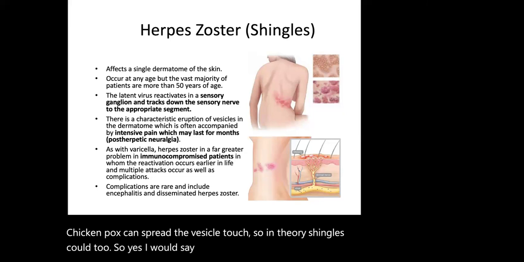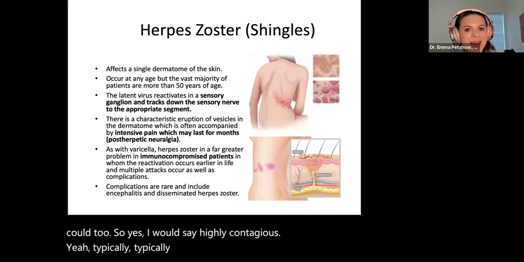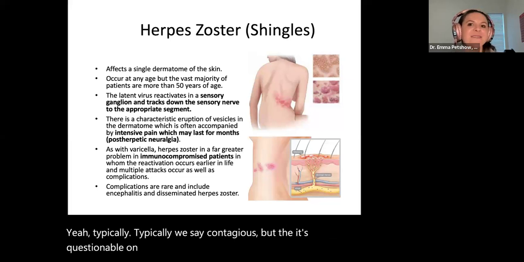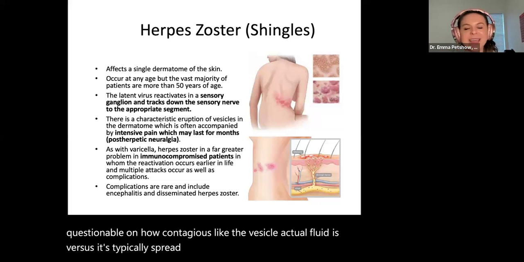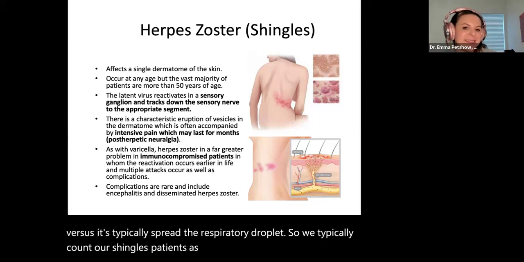I'm getting mixed results on the Google search. Typically we say contagious, but it's questionable how contagious the vesicle fluid actually is. It's typically spread via respiratory droplet. So we typically count our shingles patients as contagious. We try to isolate them away from other patients.